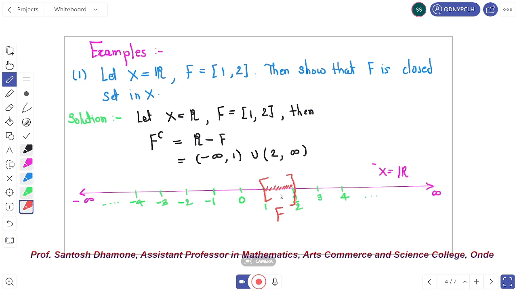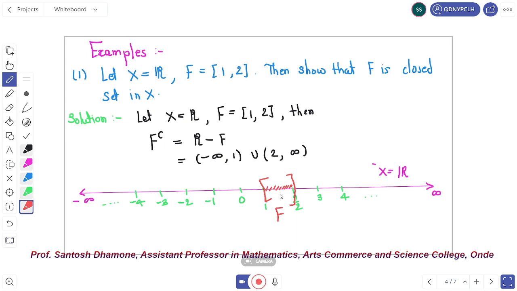Also on this side, it is open up to plus infinity.